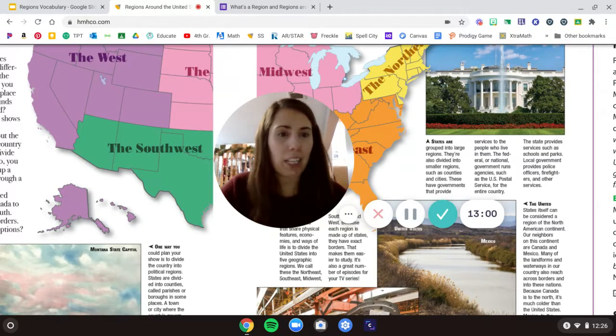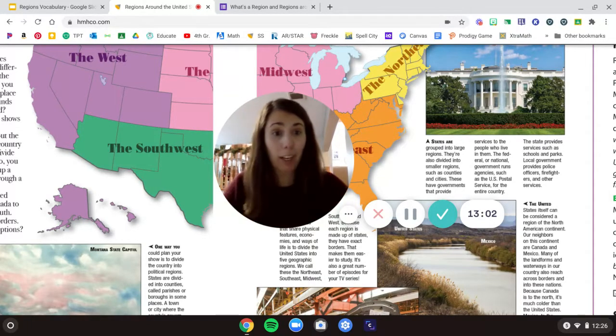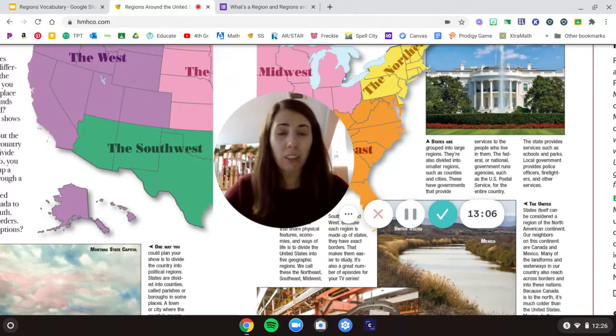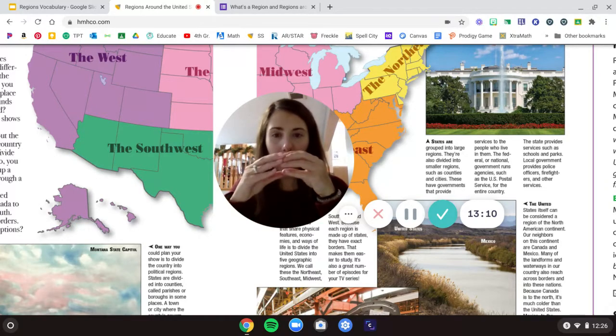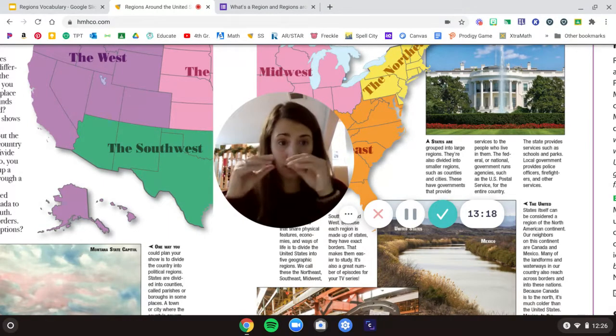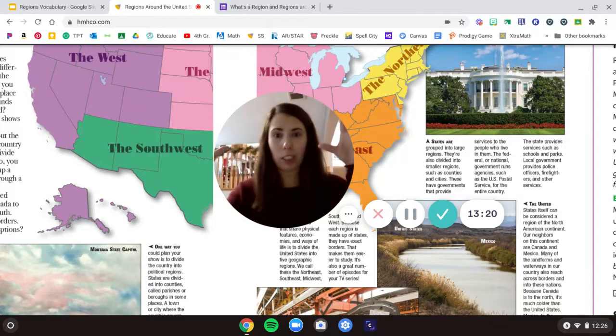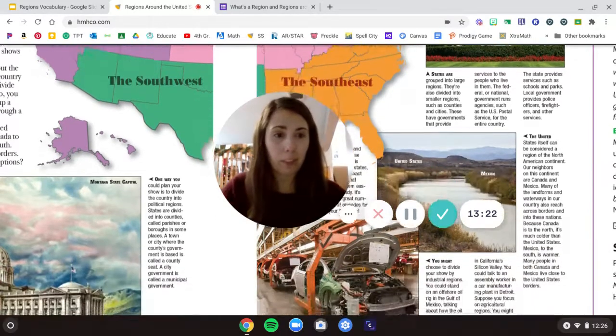The state provides services such as schools and parks. Local government provide police officers, firefighters, and other services. Remember, if you're thinking smaller, like in your city, that would be that local. And as you get bigger in the government, we go local to our state, right? And then we're in the whole country, that federal level.